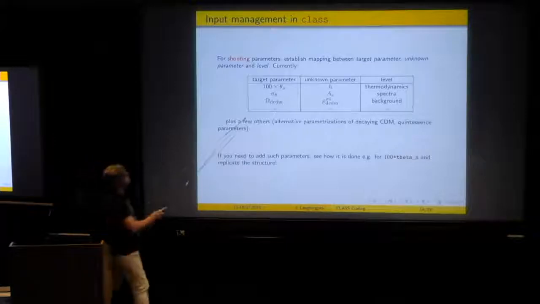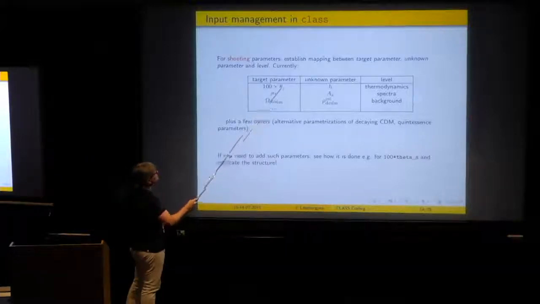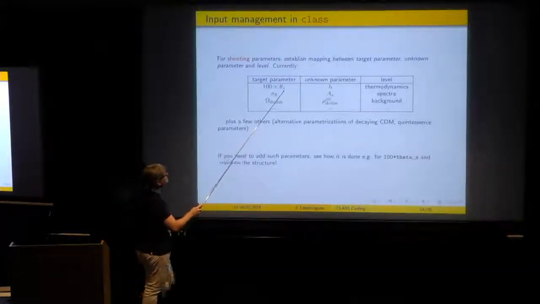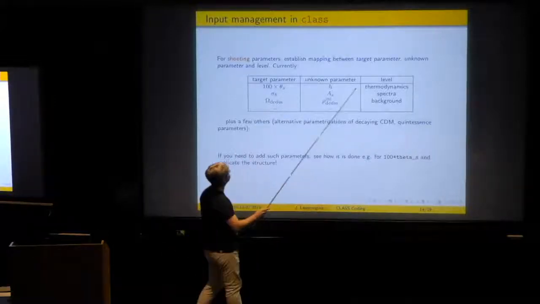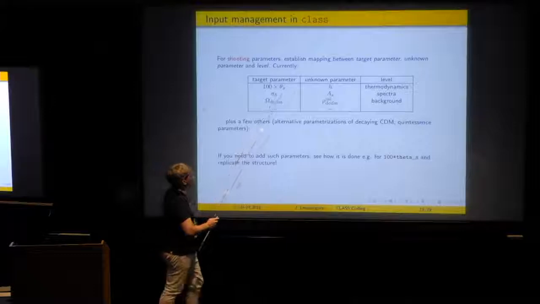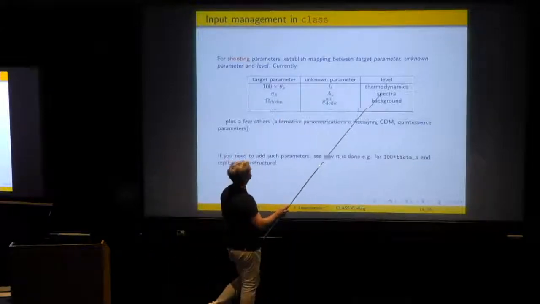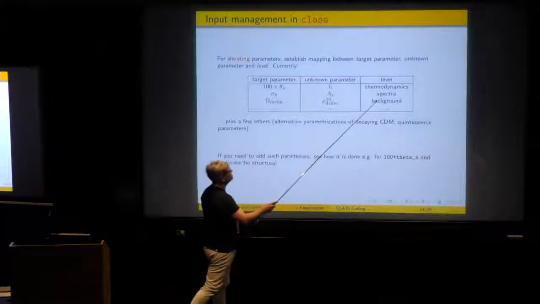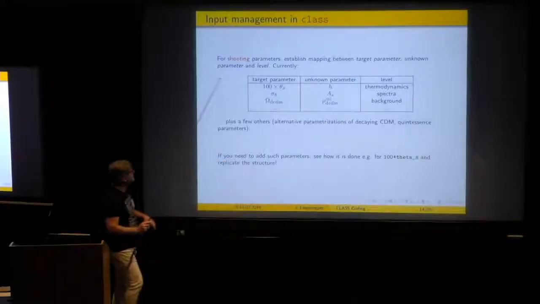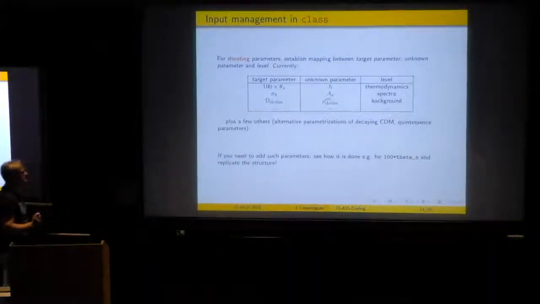So here, theta_s has to do with the sound horizon. The sound horizon is computed in the thermodynamical module, so you only need to go up to thermodynamics. For sigma 8, you only need to go up to spectra. For omega_dcdm, you stay at the background level. And there are a few others like this.